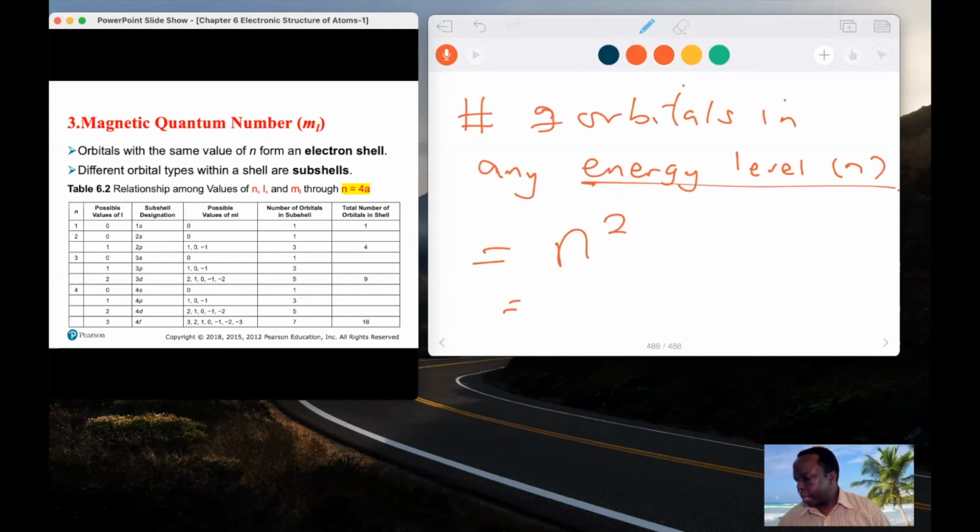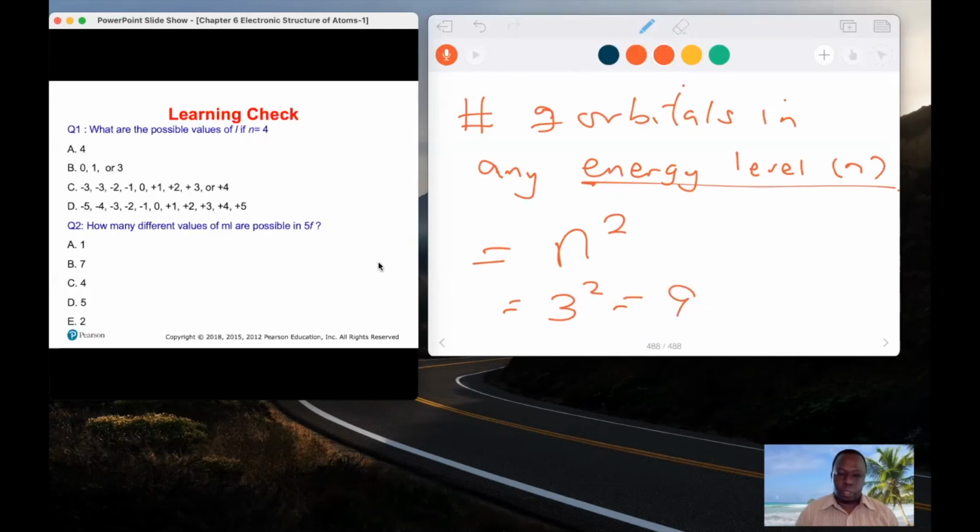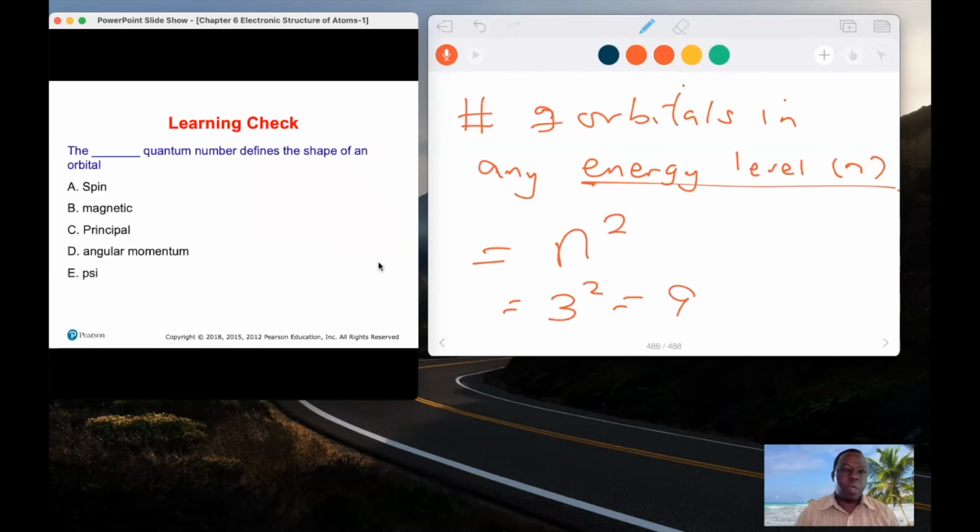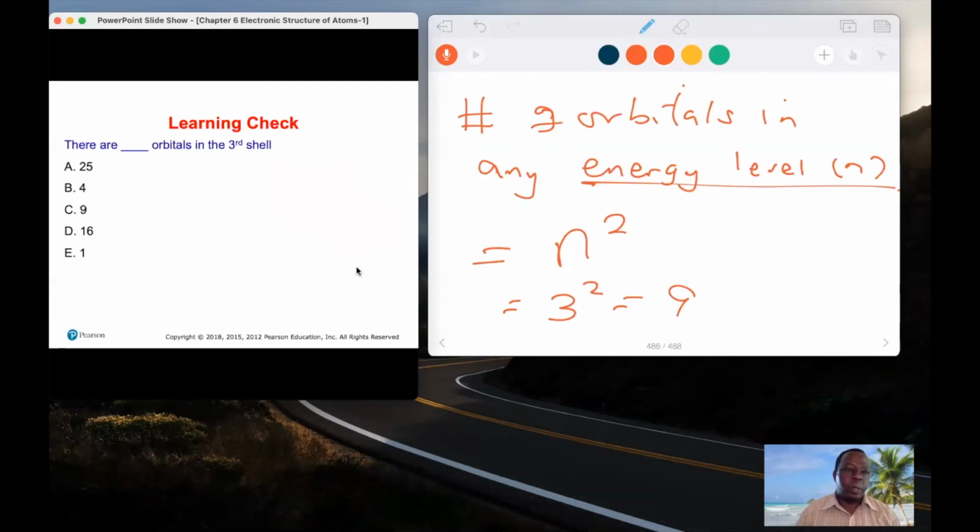So 3 squared equals 9, just to show you how to determine the number of orbitals. If n is equal to 4, then it's 4 squared. If n equals 5, 5 squared. If n equals 2, 2 squared, which is 4. That's how to find the number of orbitals, and the number of electrons.